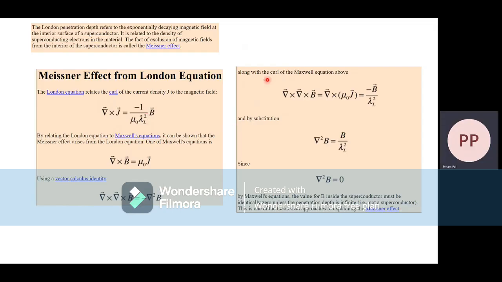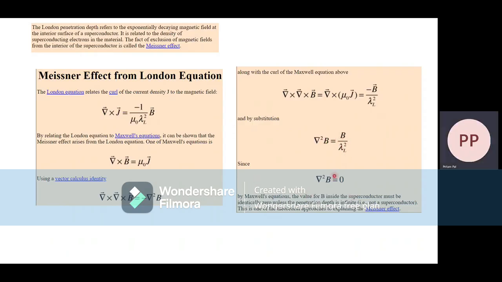After taking the curl on both sides, we have curl of curl B equals curl of mu naught J, which equals minus B by lambda L square. So this is curl square B equals B by lambda L square.